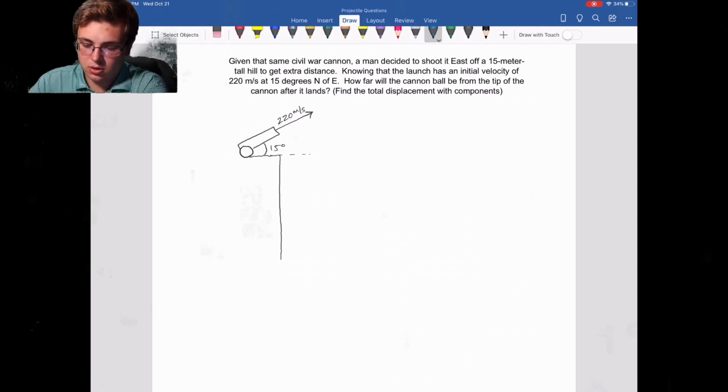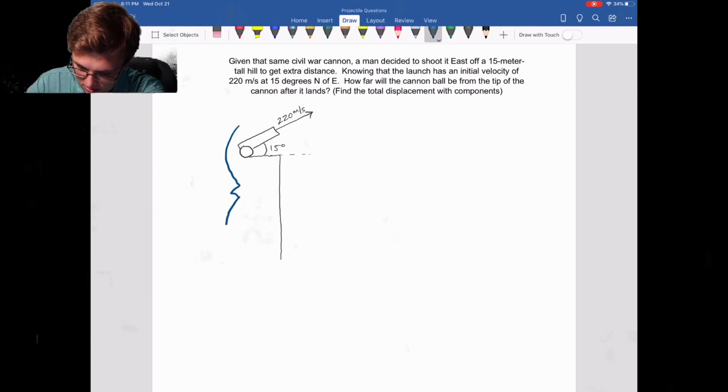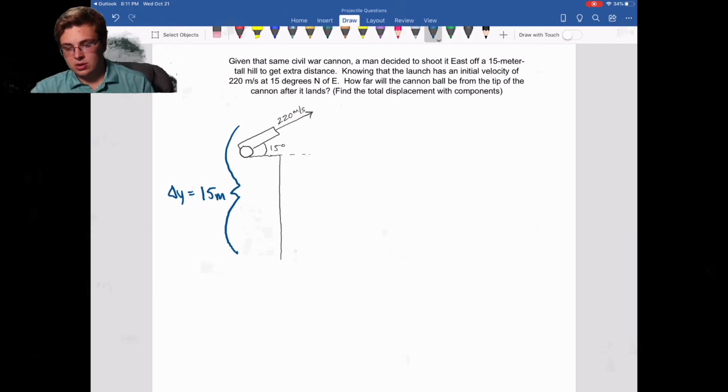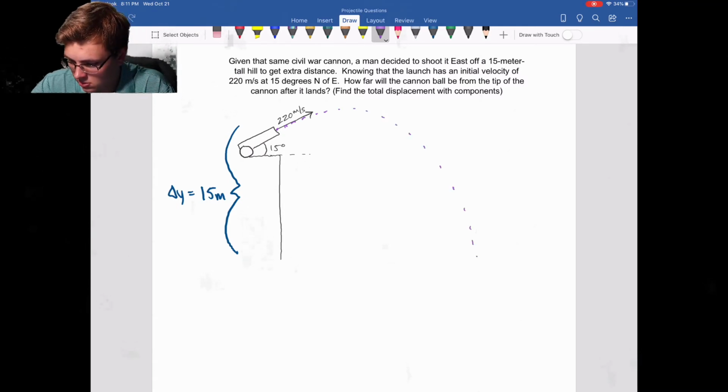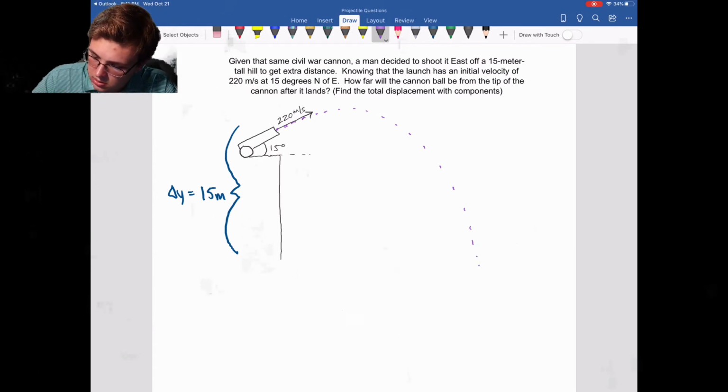And from our cannon point to the bottom, that's our change in y, equals 15 meters. Now our cannonball is going to come out of here. It's going to land way over yonder.